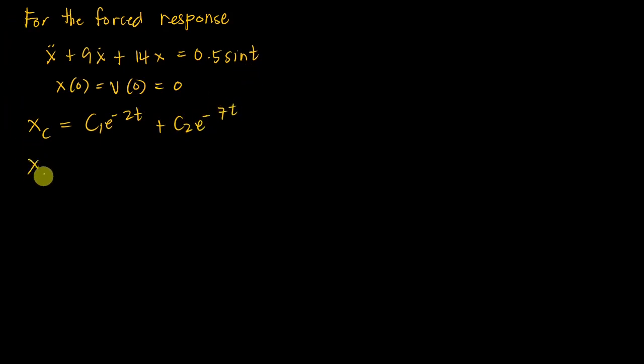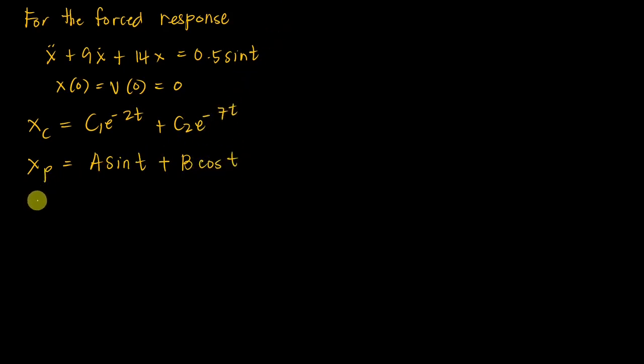Now, for the particular integral xp, since we have a sinusoidal input, our x should also have a sinusoidal form. Diba lagi yung sum ng dalawang terms? Yung isa sine, yung isa cosine. So, a sine t plus b cosine t.